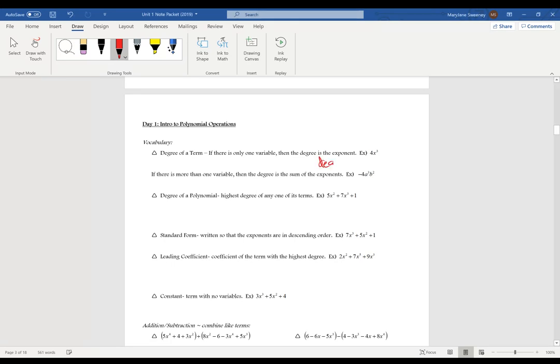So here the degree is the 3. If you have, again, one monomial, but there is more than one variable, like we have an a and we have a b, the degree is going to be the sum of the exponents. So the degree here is 3 plus 2 or 5.